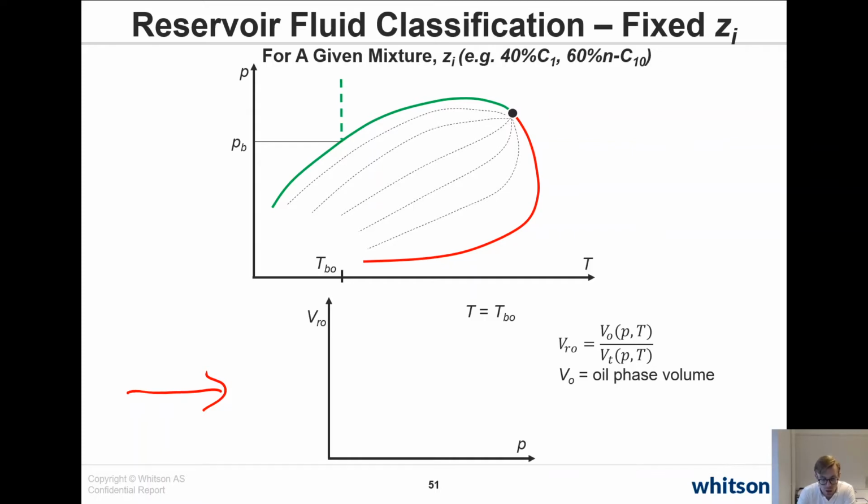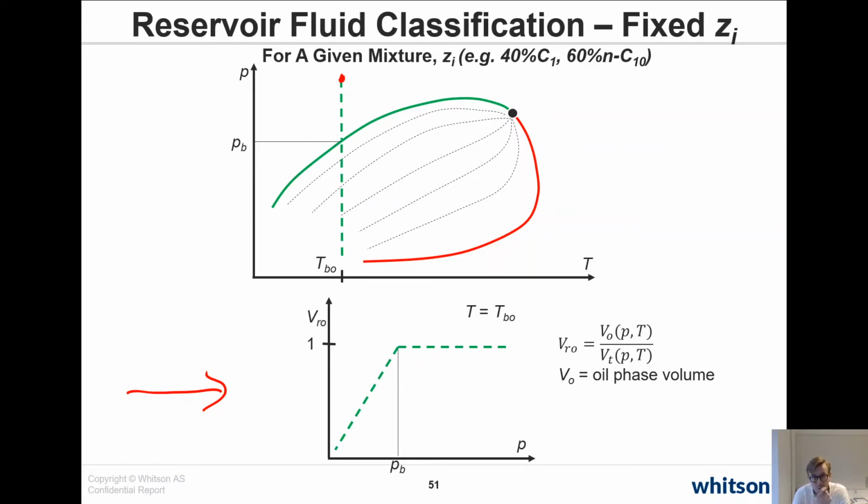So let's say we have some starting conditions around here. We then deplete through a depletion process, which is what we do most of the time when we produce a reservoir. Reservoir pressure goes down until we reach the two-phase region. In the single-phase liquid region, we have a constant liquid relative volume. We know there's only liquid there, so the relative volume should be 1.